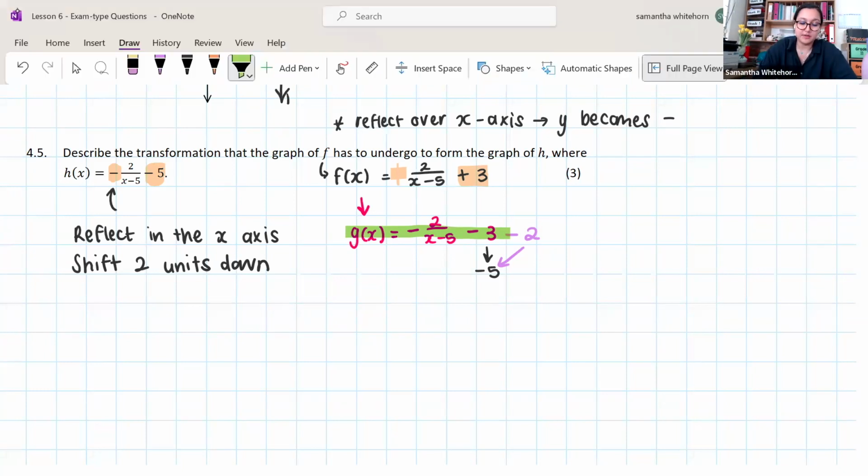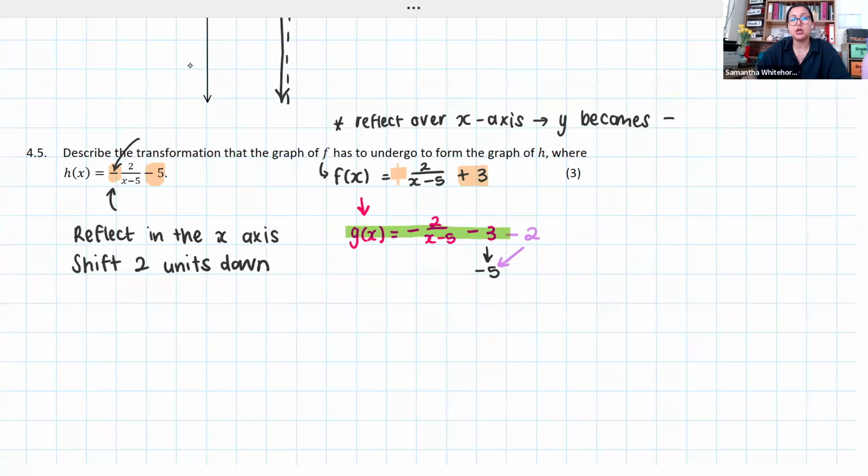Right, alternatively, if you understood the fact that because of this negative in front of your fraction, you are going to be reflecting about the x-axis, you could then go back and think, okay, well, I was already at positive 3.